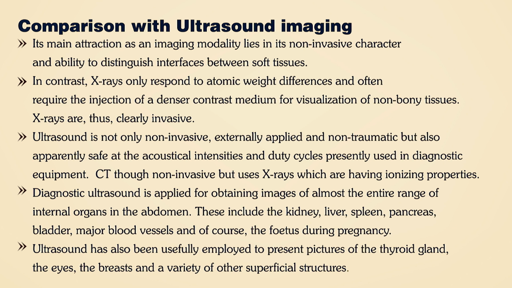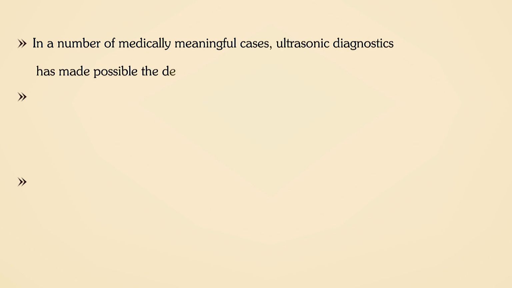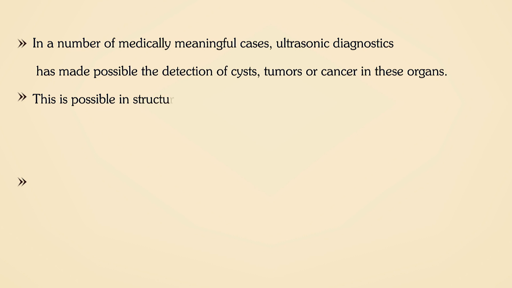Ultrasound has also been usefully employed to present pictures of the thyroid glands, the eyes, the breasts and a variety of other superficial structures. In a number of medically meaningful cases, ultrasonic diagnostics has made possible the detection of cysts, tumors or cancer in these organs.